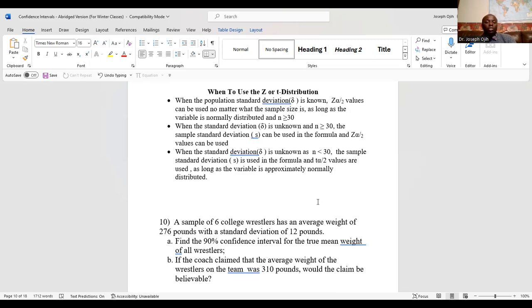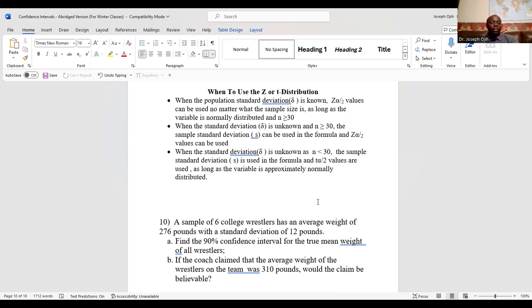Then when the standard deviation is unknown, but the sample size is greater than or equal to 30, the sample standard deviation can be used in the formula, and Z alpha over 2 can be used, actually T alpha over 2.